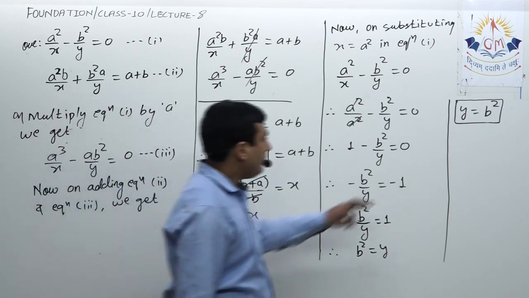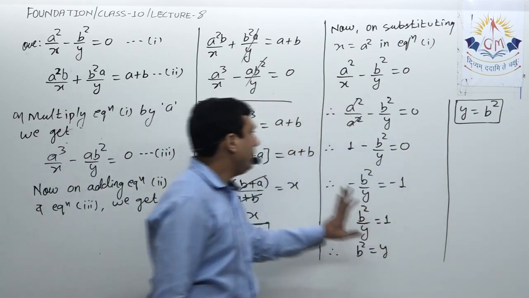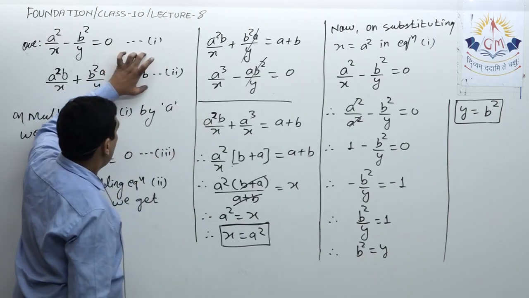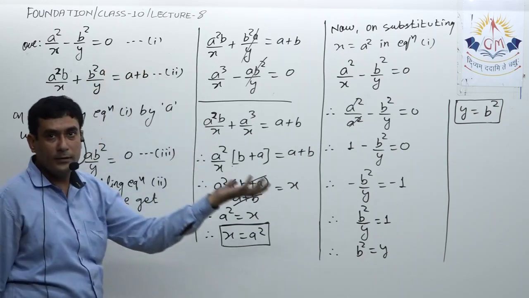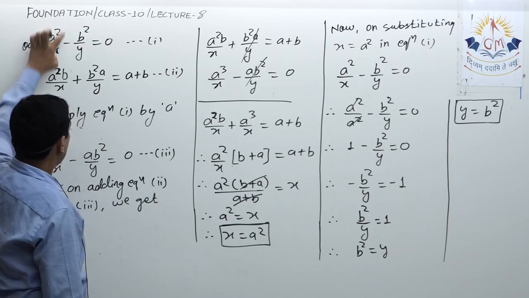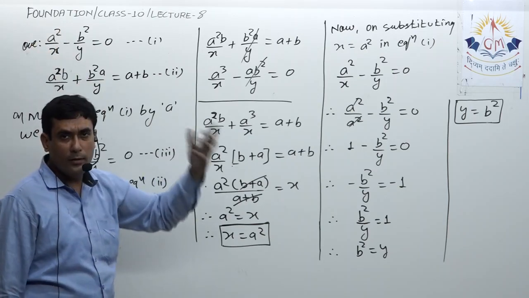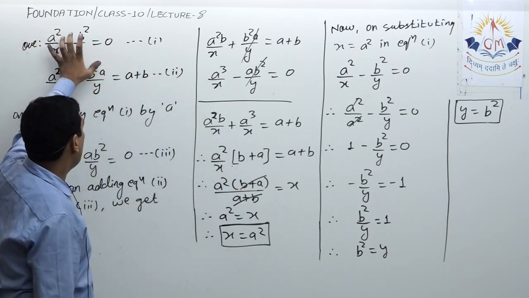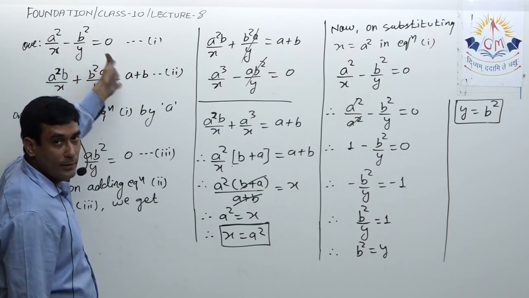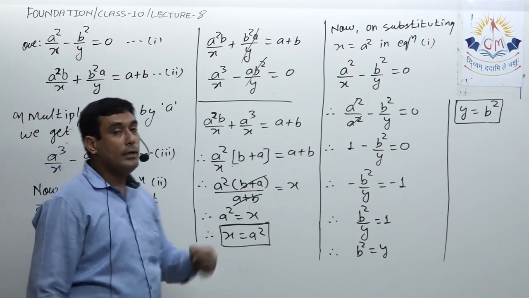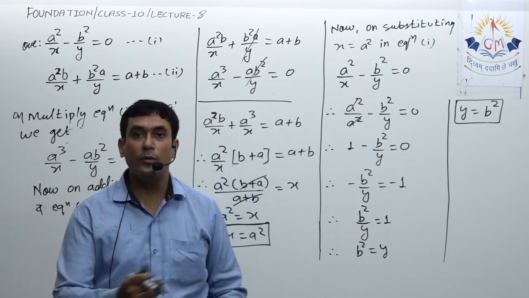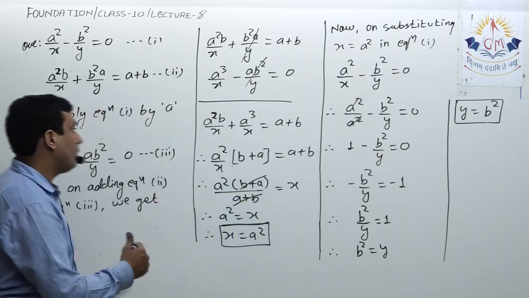Now again I am repeating here, I am not following the traditional method. Traditional method says that first I have to take 1 upon x equal to a, but here I am not able to take a because a is already in the equation itself. So traditional method, 1 upon x equal to u and 1 upon y is equal to v.